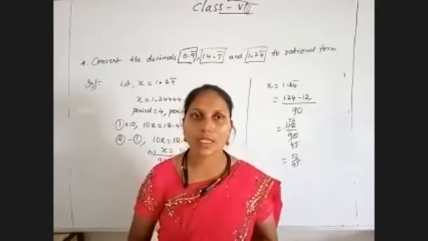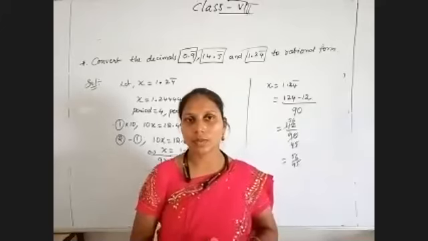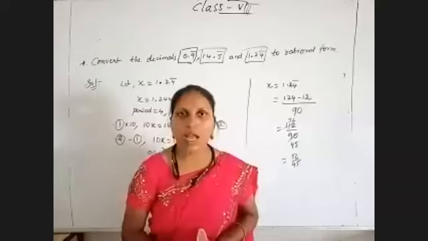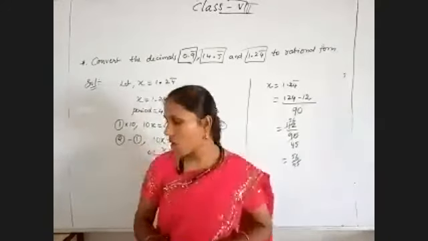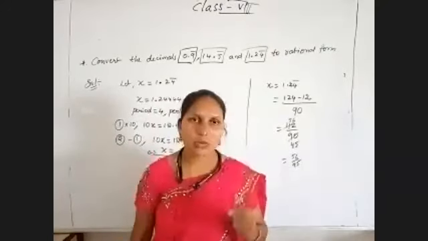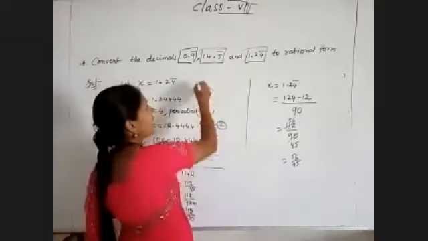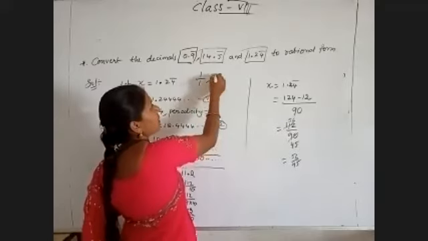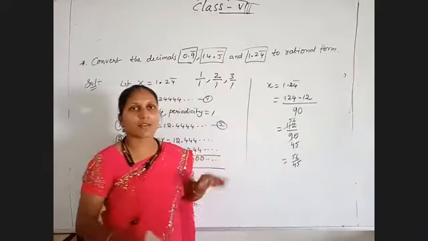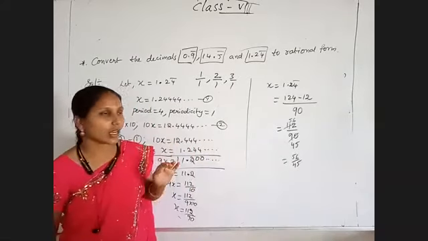And if we are unable to represent the number in P by Q form, those are said to be irrational numbers. Before the rational numbers, all the natural numbers are rational numbers. Why? Because every number 1, 2, 3 we can write in the form of 1 by 1, 2 by 1, 3 by 1, 4 by 1, and so on. So that's why every natural number is a rational number.